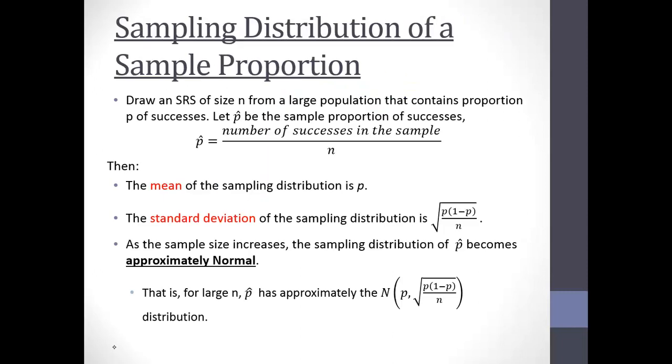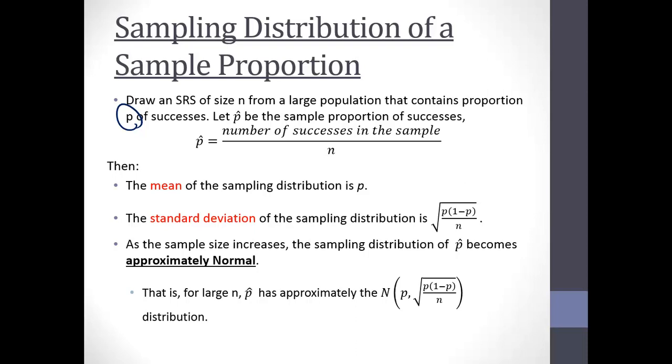In our general setup, if we draw a simple random sample of size n from a large population with some true proportion of successes, which is what we're trying to estimate, we're going to have a sampling distribution as well, and the mean of that sampling distribution is going to be the truth. We're using p hat, the sample proportion, to estimate p, the population proportion.